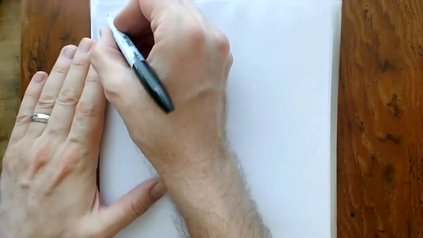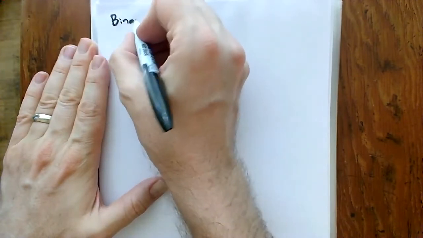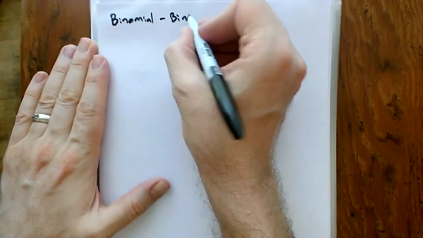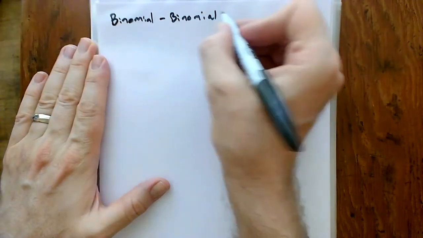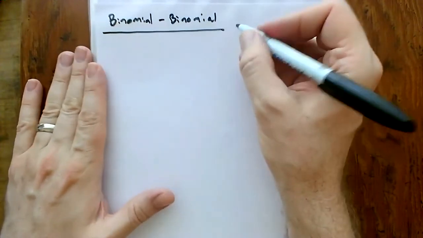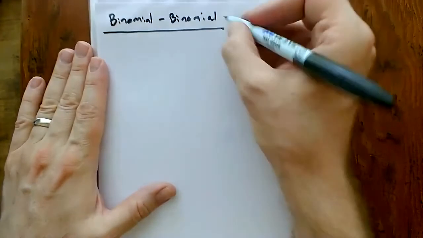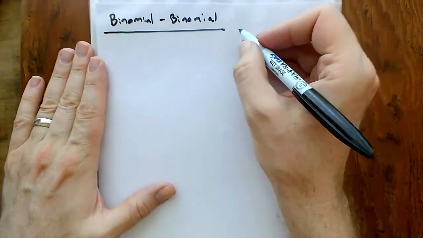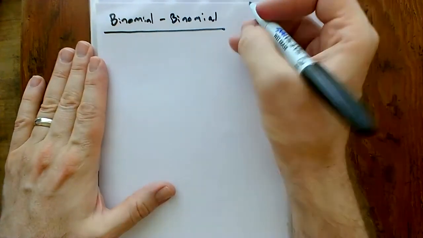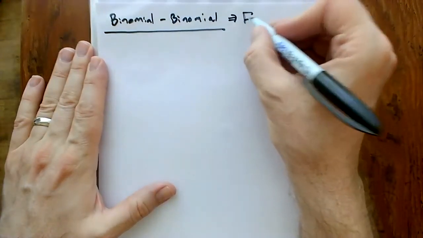Now let's talk about binomial multiplication. We have a shorthand for this, but essentially it's still all about distribution. We're distributing each term from that first binomial into the second binomial. Our shorthand for this is what we call FOIL.